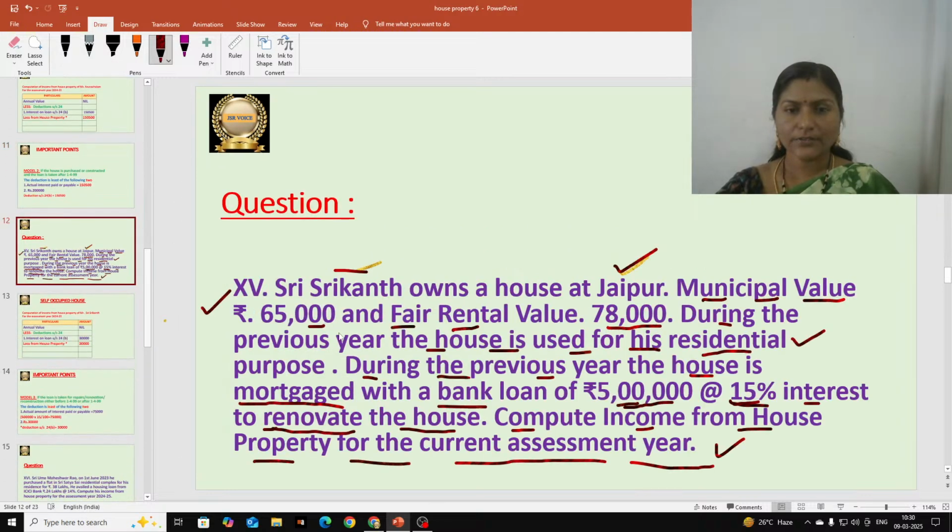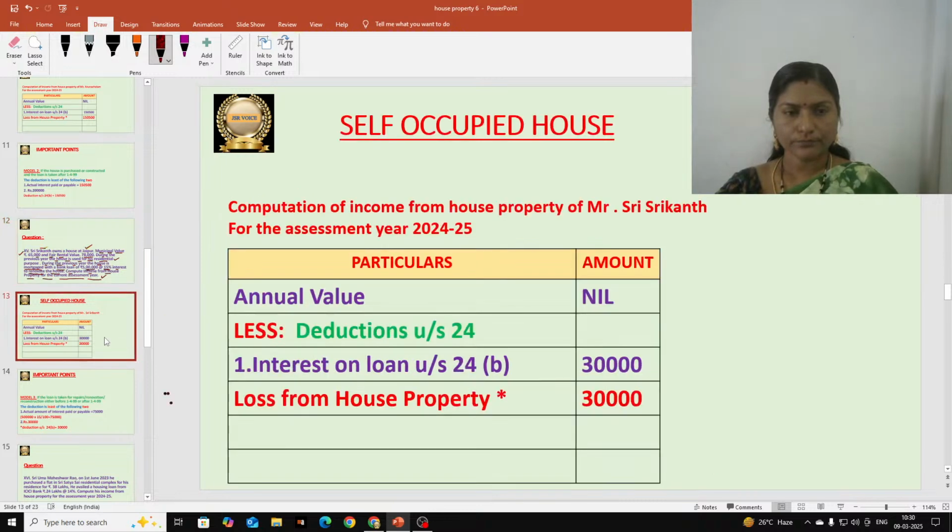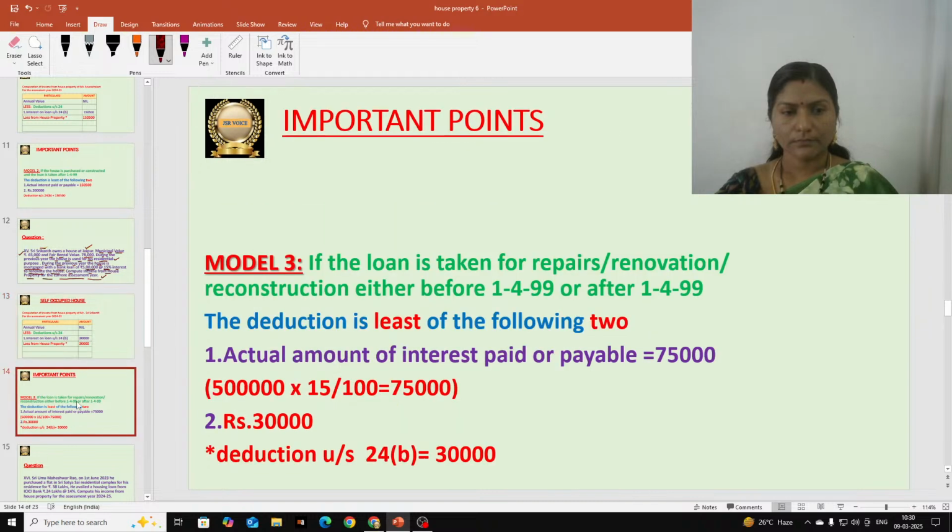Next, I discussed with you the third question also and its solution. This is the third question, and this is the solution part, and this is the working notes for that.